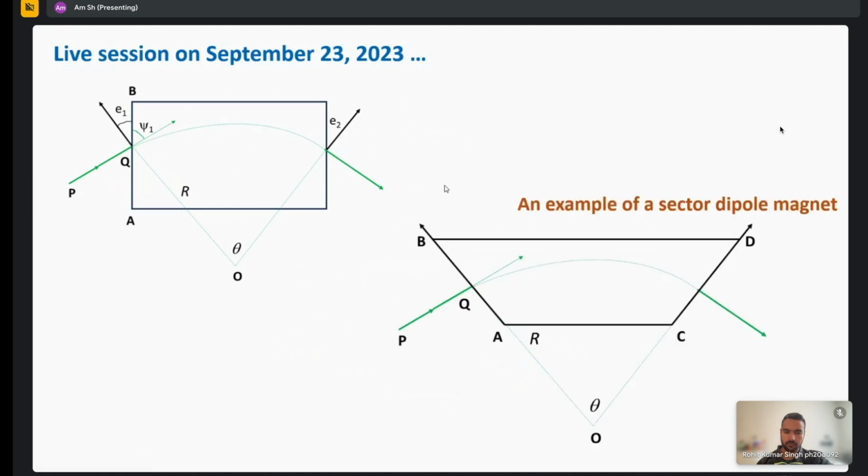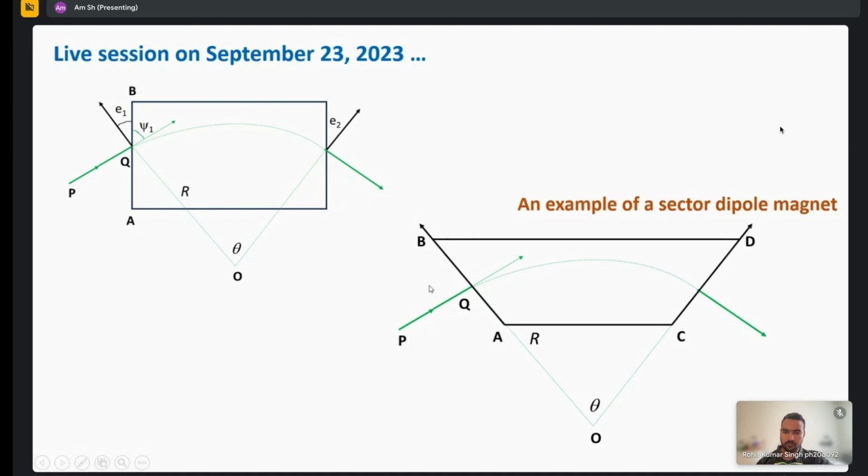Now we can say that one type of magnet we can make like this. This was in the last screen where E1 was the edge angle. Now if the magnet shape is like this, it means the edge is matched with the radius of curvature, meaning the angle between the radius of curvature R and the edge becomes 0.